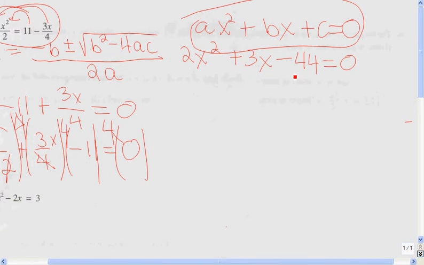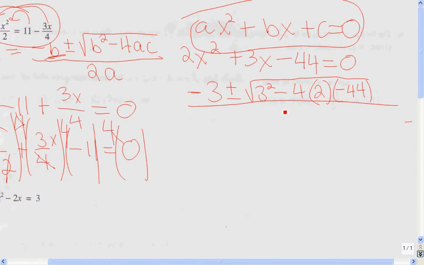So wherever I see a b, I'm going to write 3. The first b is negative b, so it's going to be negative 3 plus or minus the square root of b squared minus 4ac. b squared is 3 squared, and times 4 times a, which is 2, times c, which is negative 44, over 2a. And a is 2, so over 2 times 2.